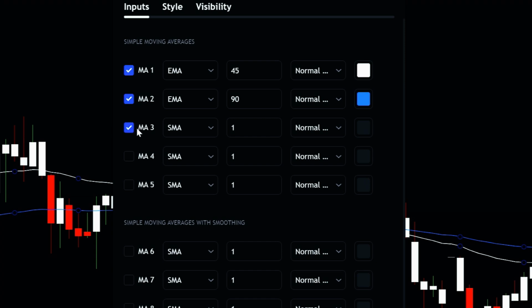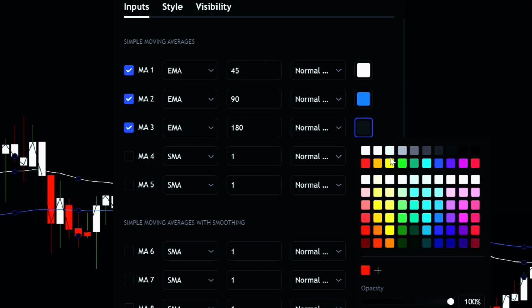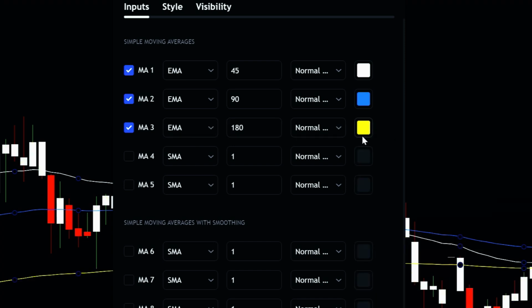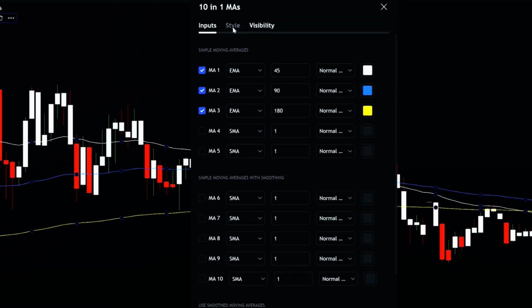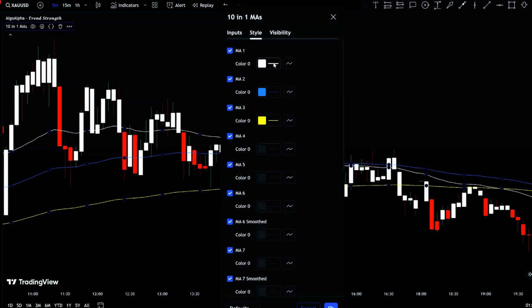And for the grand finale, we'll set the third one to EMA 180. You can also give them a personal flair by changing their colors and thickness in the Style tab. Make them pop.